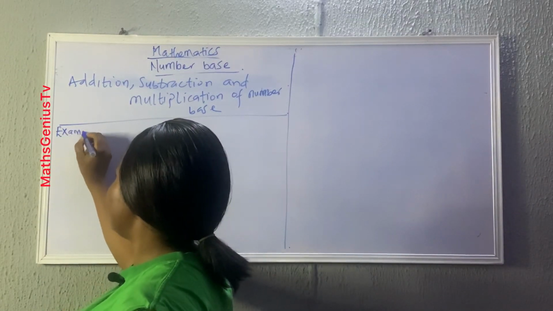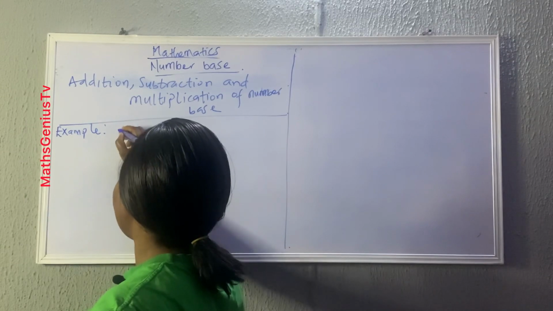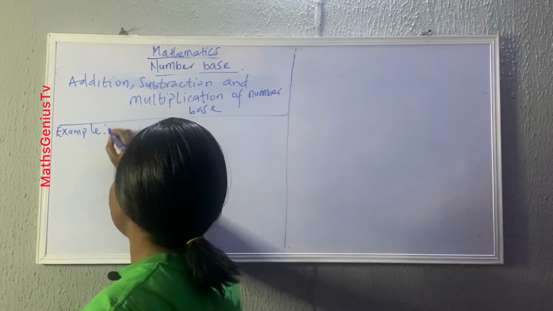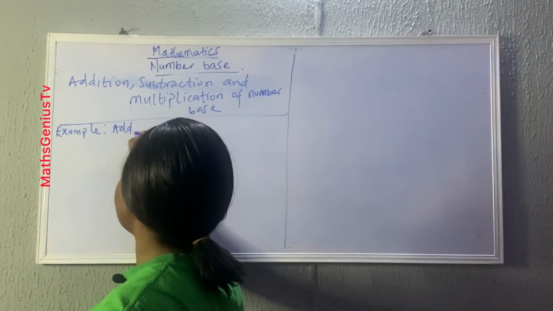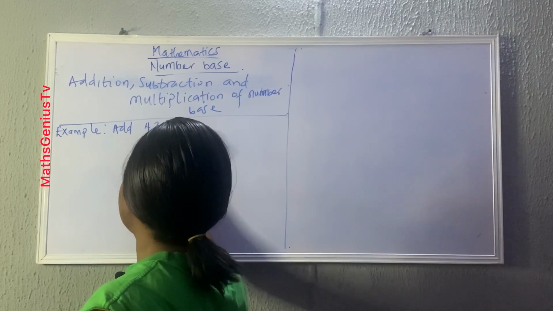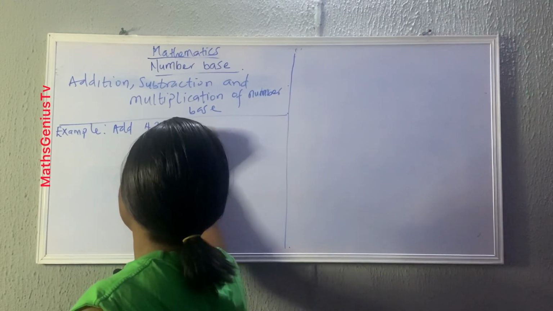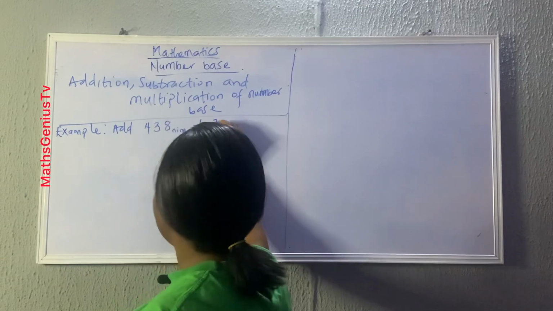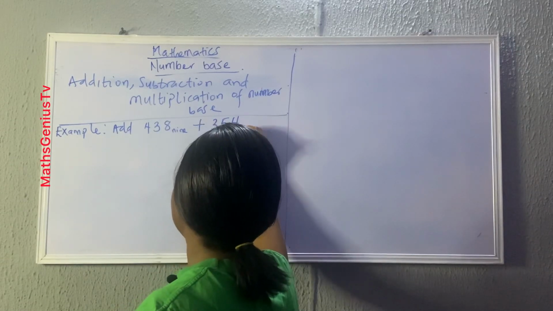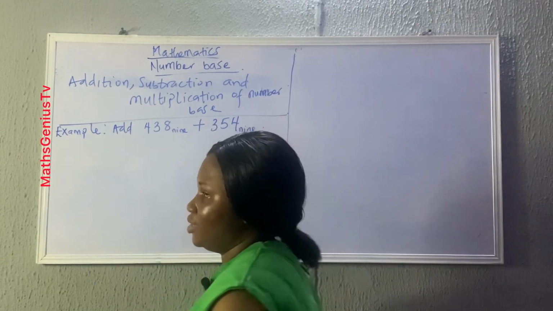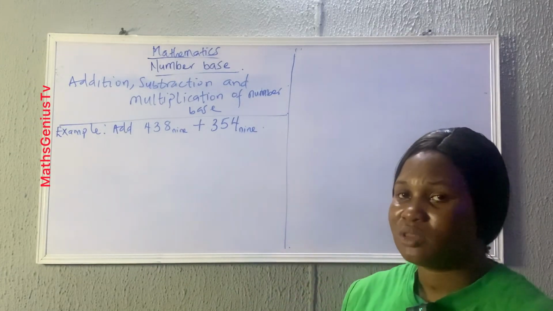Example. We want to add 438 base 9 plus 354 base 9 together. Take note of something.